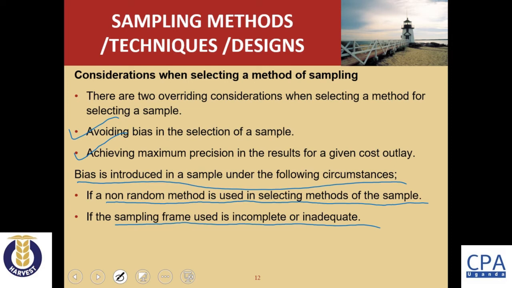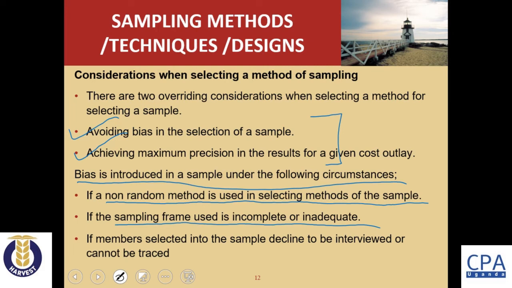So as you select the sampling method, you must be mindful of these two major things: avoidance of bias, and achievement of maximum precision in the results for a given cost outlay. Again, bias may come in if members selected into the sample decline to be interviewed, or cannot be actually traced. In that way, you have some kind of bias coming in.